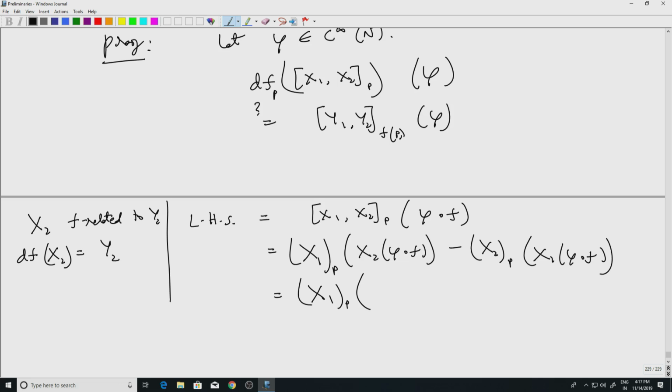So if I act it on a function phi, df x2 acting on phi equals y2 acting on phi, and this would be the same as x2 acting on phi composed with f.